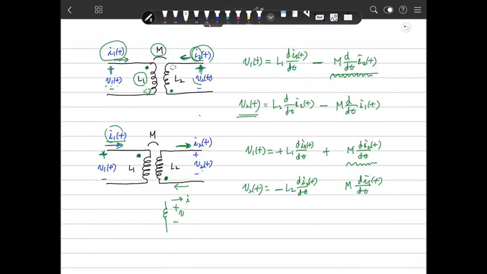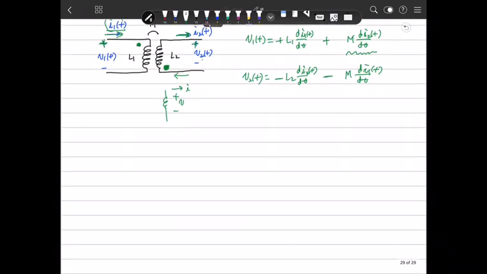Therefore, the voltage caused by I1 is positive, but the dot and plus are reversed, so that is a minus. So based on the position of the dot, you can write the voltage and current equations for the coupled inductor. It's very simple, but you need to have some exercise.